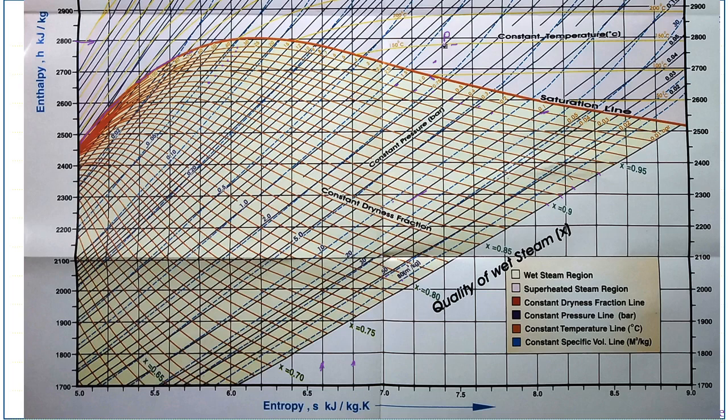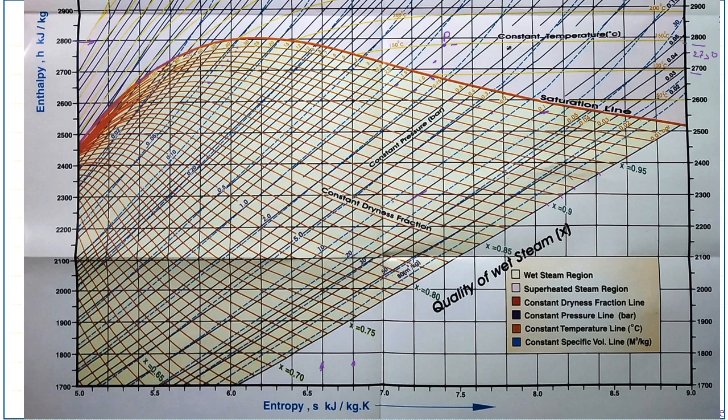First of all, we want to find out the enthalpy. The constant enthalpy lines here are 2700 and here 2800. If it is exactly at the center, it will be 2750. It is above 2750 but closer to 2800, so it may be somewhere here.